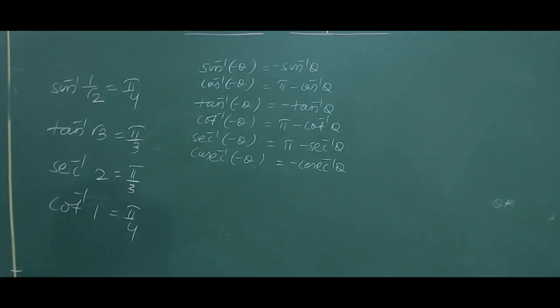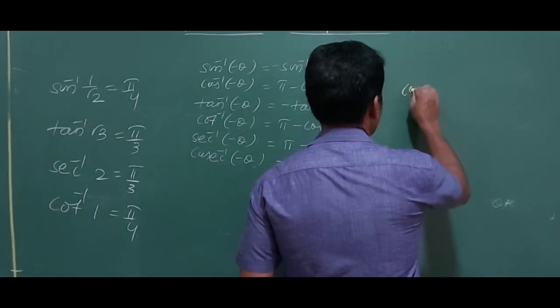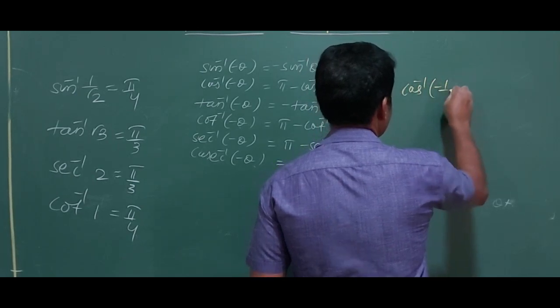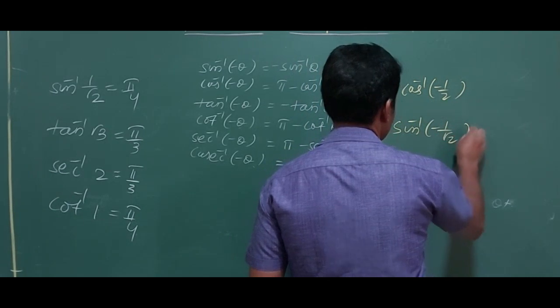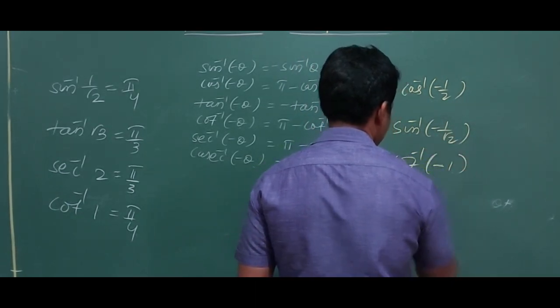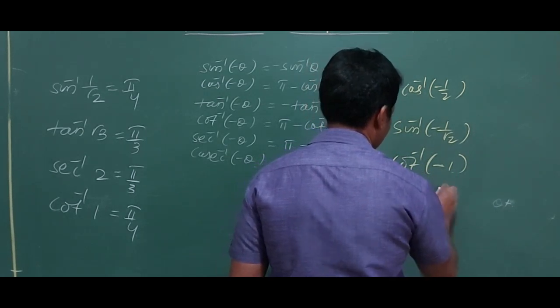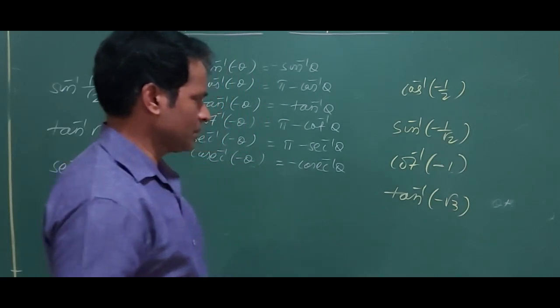That's all. Suppose I get negatives: cos inverse of minus 1 by 2, sin inverse of minus 1 by root 2, cot inverse of minus 1, tan inverse of minus root 3. Okay, no problem.